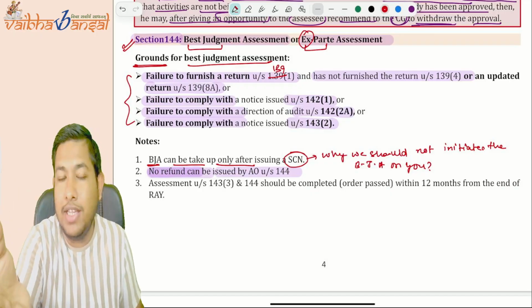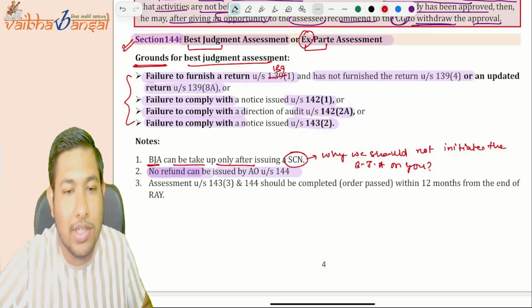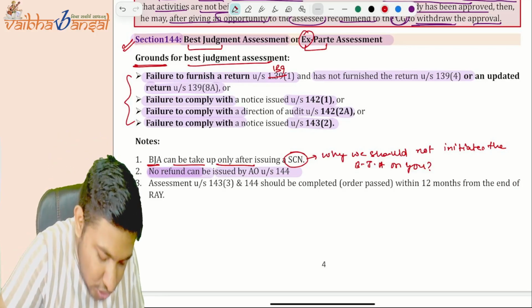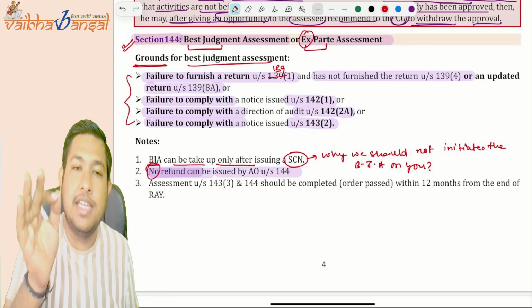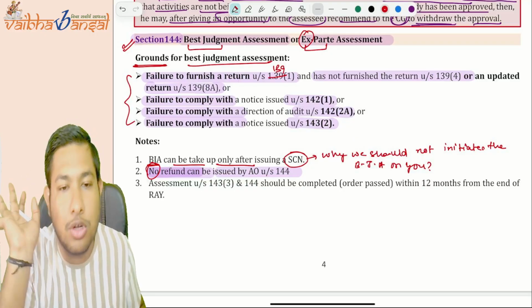But you have not filed the return of income and you are not cooperating with us, so we will not issue any kind of refund. So under section 144, refund cannot be issued.